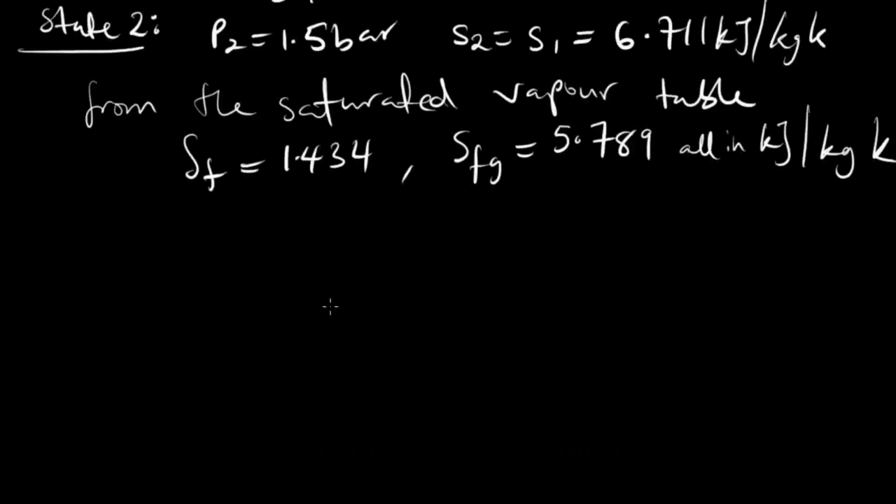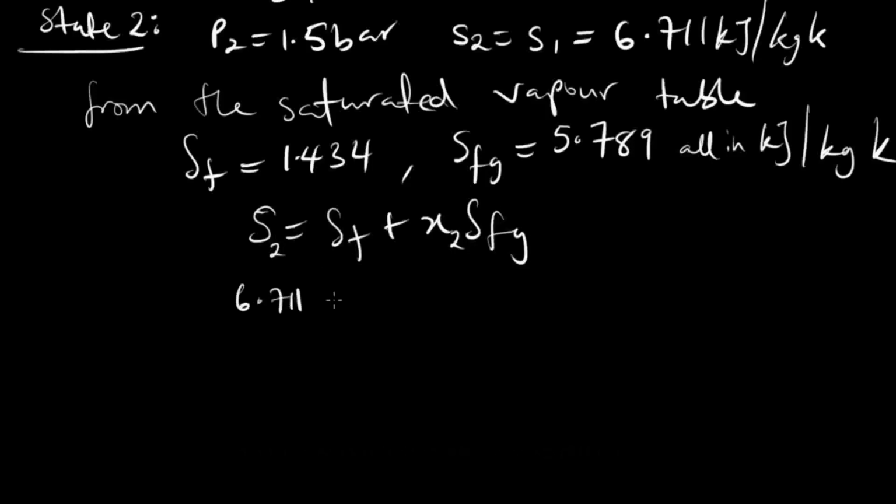Okay, so remember our formula remains the same. S is equal to SF plus X SFG. Now how do we get the dryness fraction? We already know our S2, which is 6.711, equal to SF plus some unknown dryness fraction times 5.789.